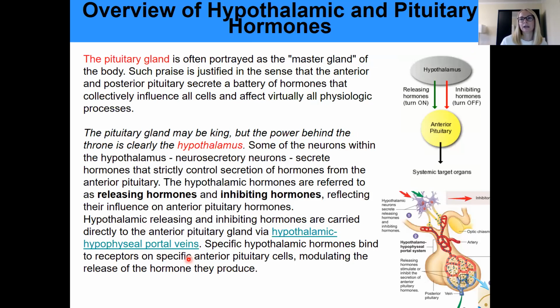Okay, now let's move to the next subtopic of today's lecture, which is the hypothalamic-pituitary system. The pituitary gland is a very important structure in our body since it synthesizes a battery of hormones, but the highest level of endocrine control is associated with the hypothalamus. The hypothalamus can release two groups of hormones which can affect the pituitary gland.